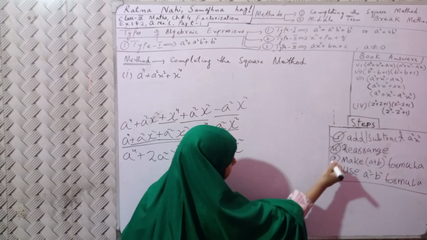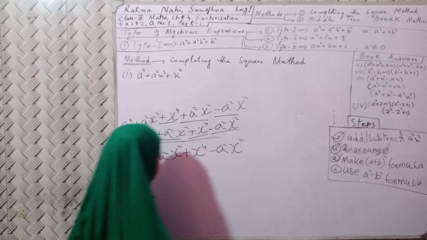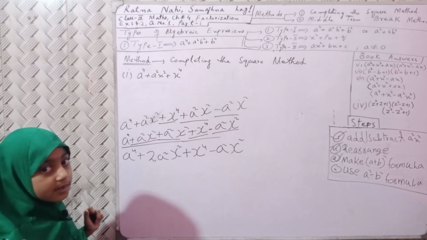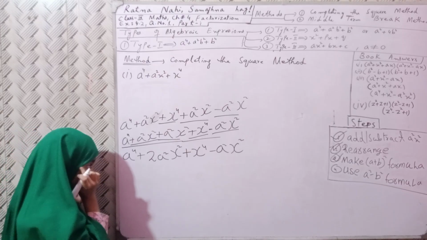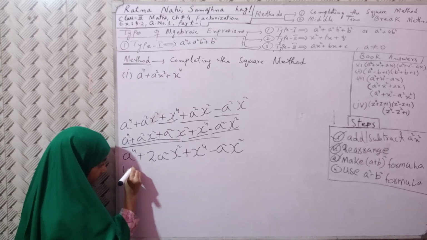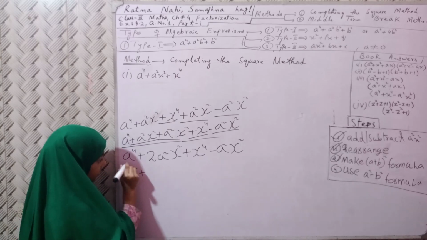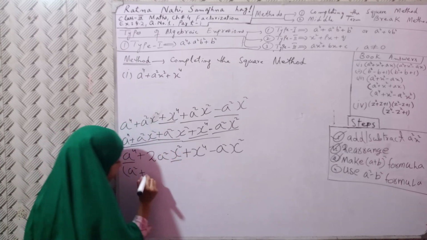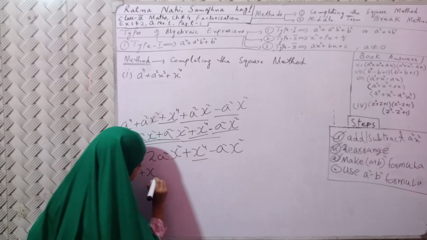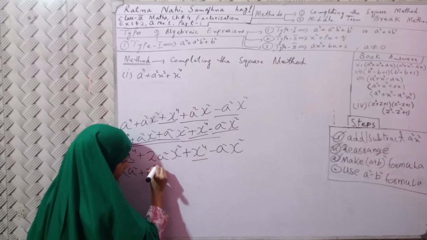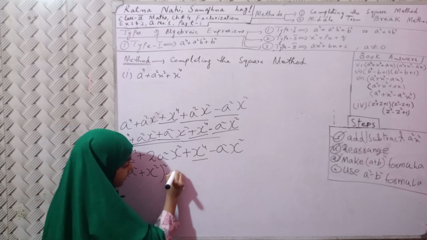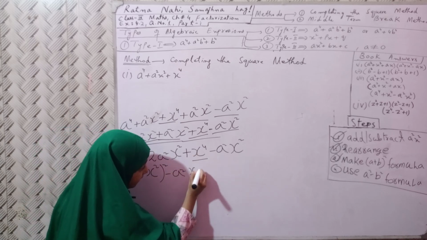Then for using the a square minus b square formula, before using it, we will put in brackets a square plus x square, whole square, then minus a square, x square.